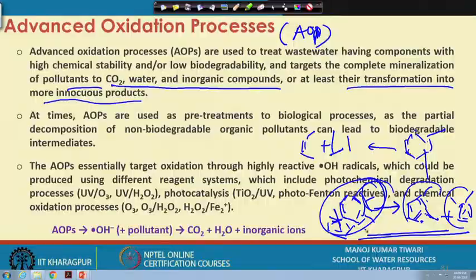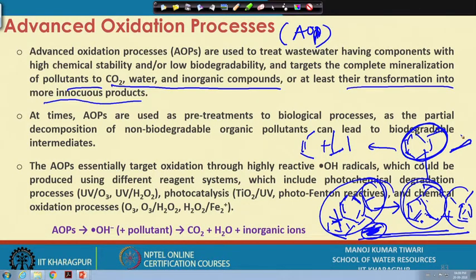Biological degradation also takes place in a similar way. So what's the point here? This compound may not be biodegradable, but once it is broken down, at least it becomes biodegradable. So we may not need to completely mineralize using advanced oxidation processes, which are quite energy intensive.